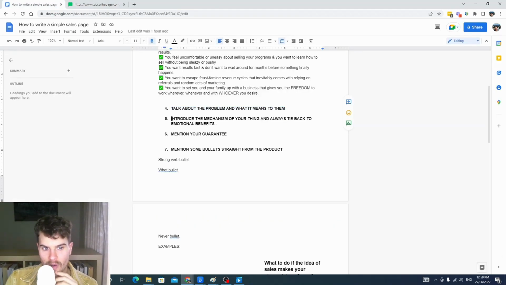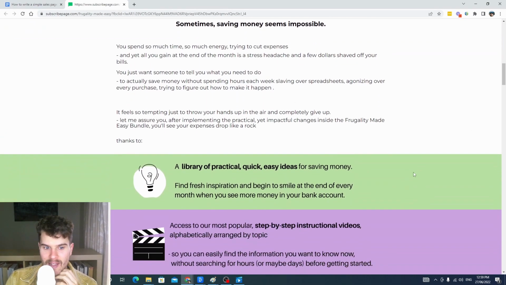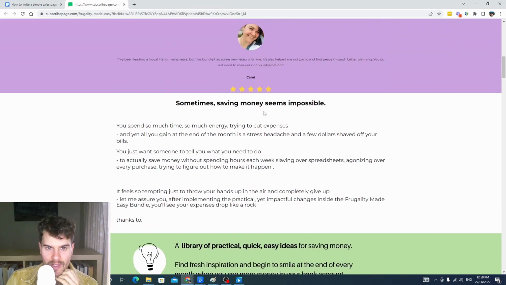All right, so then I've got: introduce the mechanism of your thing and always tie back to emotional benefits. So we kind of did that before. Here's when you would bridge using a subheadline again, something like, so what if there was a way you could put an end to all the frustration? What if there's a way you could, and you flip what they think is real about budgeting and frugality into a benefit?